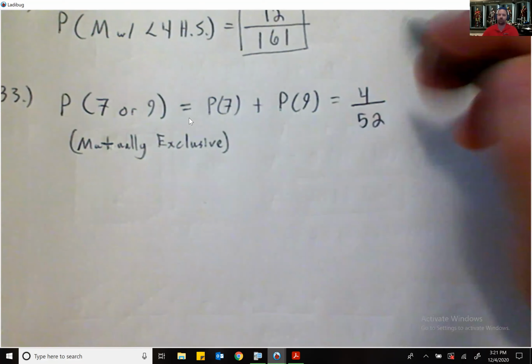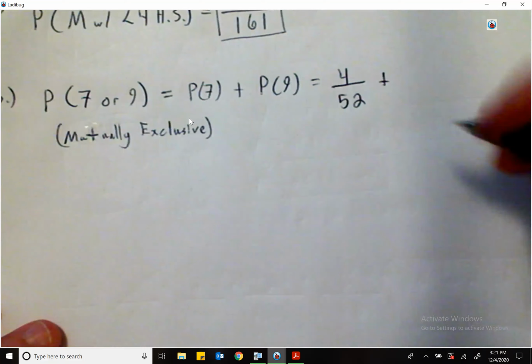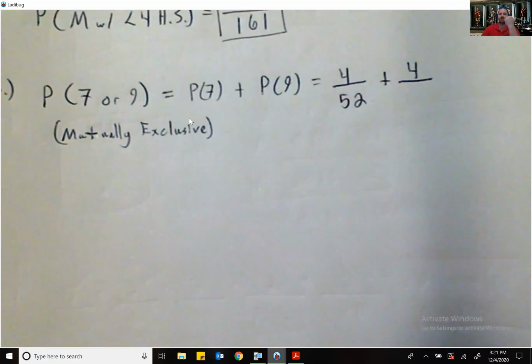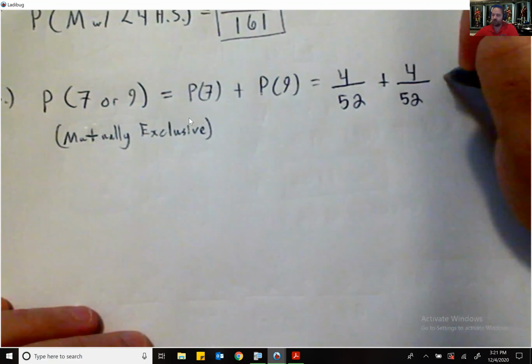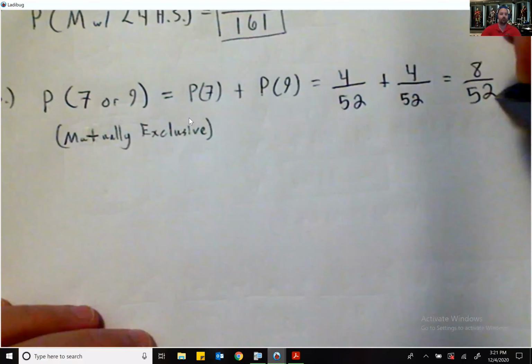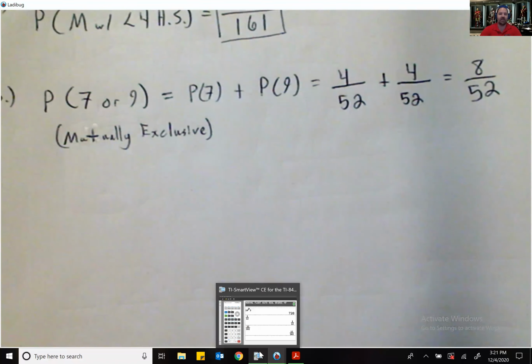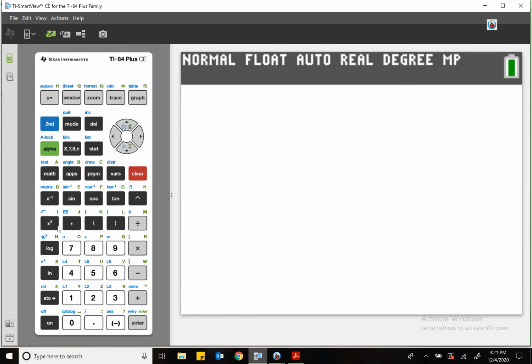So we're going to add that with, what's the probability of drawing a 9? 4/52. Because again, there's the 9 of hearts, diamonds, clubs, and spades. So we add these together and you get 8 out of 52, which will reduce. What does 8 out of 52 reduce to? 2/13. There you go. 2 out of 13. There's our probability. Perfect.